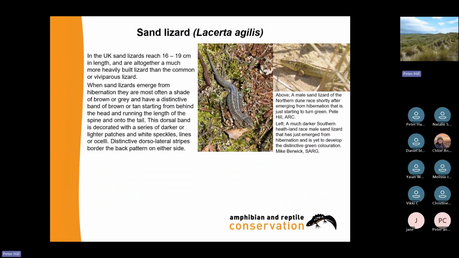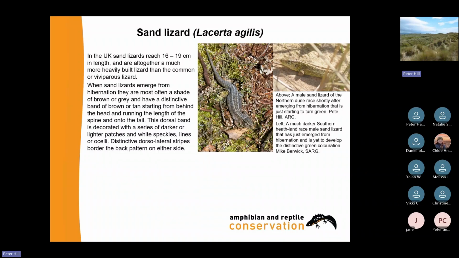The sand lizard is very different. It's our rarest native lizard in the UK. Extinct in Wales, probably in the 50s or 60s, it was reintroduced as part of an official reintroduction program in partnership with various organizations, including ARC, from the early 2000s onwards to various suitable sites, mostly in the north of Wales and coastal dune systems, but also some in mid Wales.